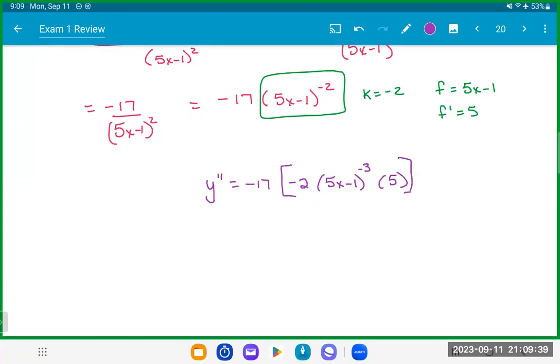Okay, so we simplify all of that, we get 170 times (5x minus 1) to the negative 3. And we can then rewrite that as 170 over (5x minus 1) cubed.